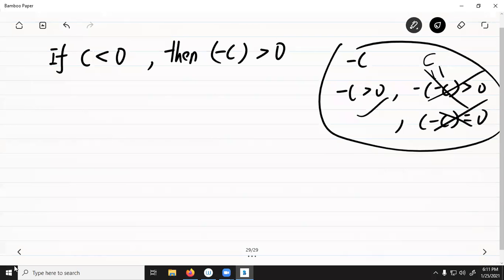Okay, so now let's look at this one. We want to show that AC is less than BC. So BC minus AC should be greater than 0, positive.